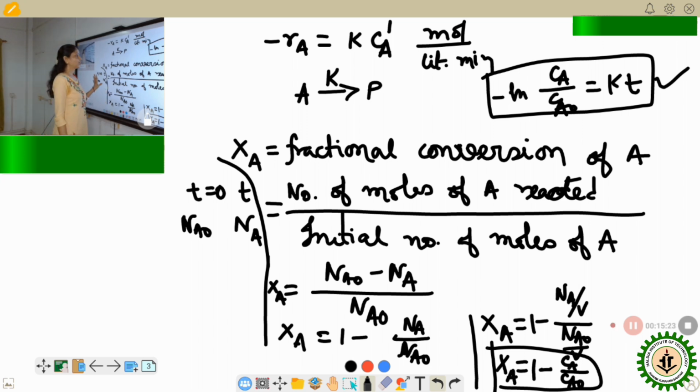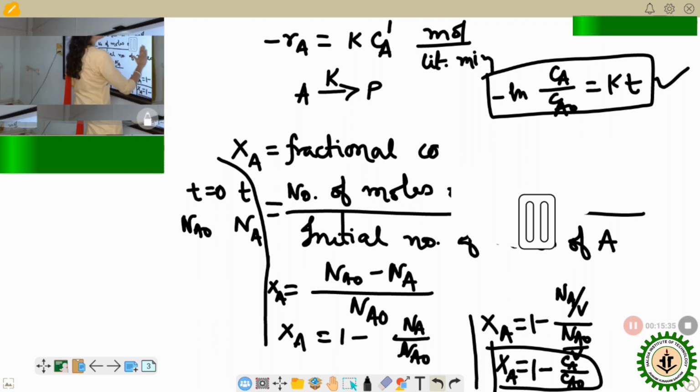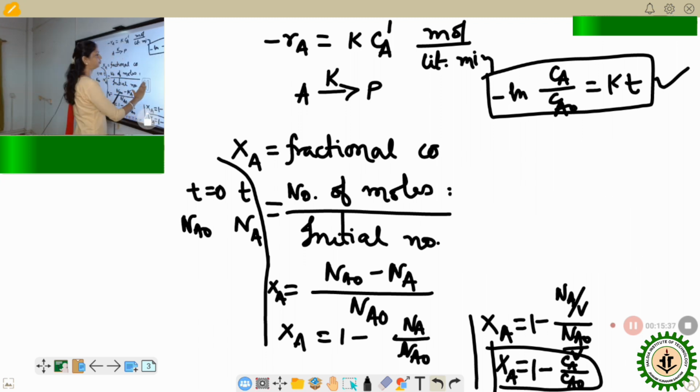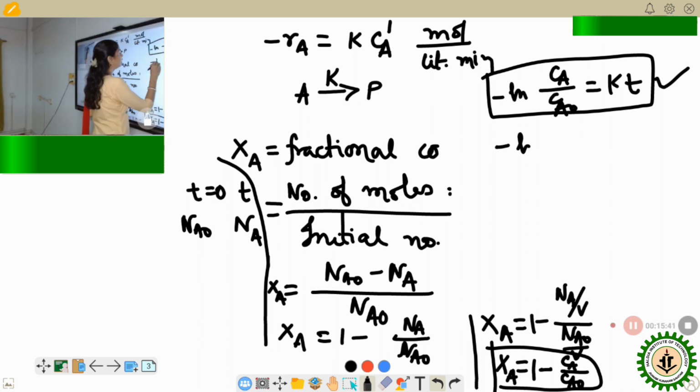Okay. So now I will replace this Ca by Ca0 with this XA term. So what will be? Minus ln Ca by Ca0 is 1 minus XA, right?